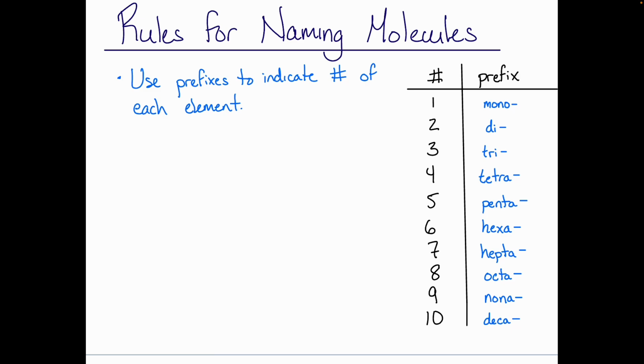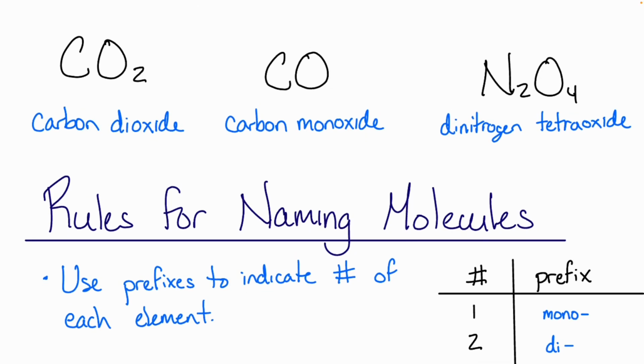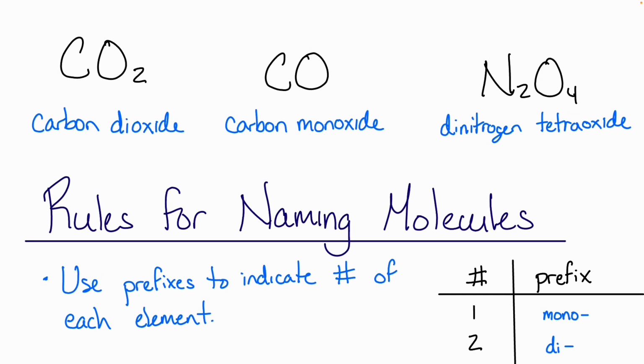One thing that we want to note about these prefixes is that in our 3 examples here, sometimes we see them, sometimes we don't. First of all, let's note carbon dioxide has no prefix on the carbon. Carbon monoxide, again, no prefix on the carbon. But then over here we have dinitrogen tetraoxide. Importantly, we're only going to stick one of those prefixes on the first element if there's more than one of them. I think it's most helpful if you can just remember these 2 examples.